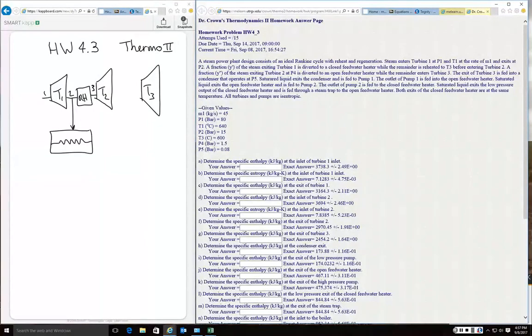Then we come off here. This time we don't have reheat again. If we look where it talks about a fraction being taken off, y double prime after turbine 2, the remainder just enters turbine 3, so no mention of reheat there.